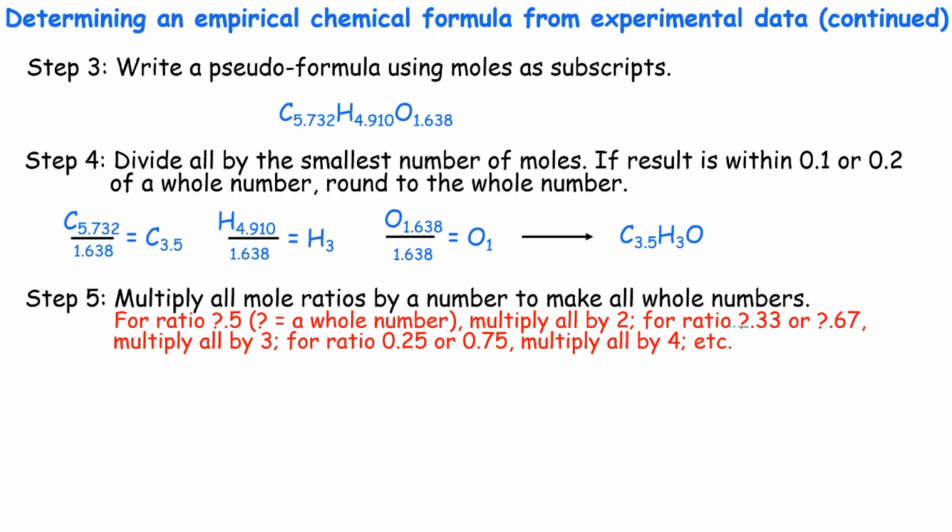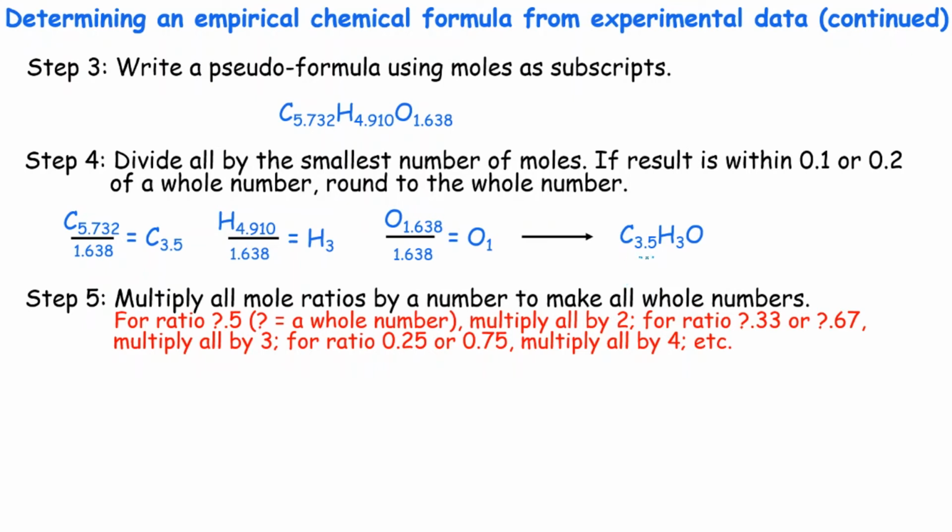And if you have other ratios like 0.33 or 0.67, times by 3, and if you have ratios like 0.25 or 0.75, just multiply by 4, and they all will be converted into a whole number, okay?